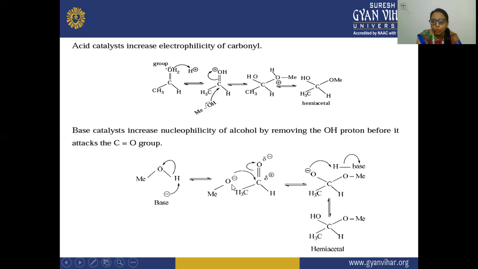So this MeO negative, a nucleophile, is attacking this carbonyl carbon that has the partial positive charge. After that, from this base, this H is again removed, it takes its electron, and this H will react with the oxygen that has the negative charge. So there is a formation of this hemiacetal.